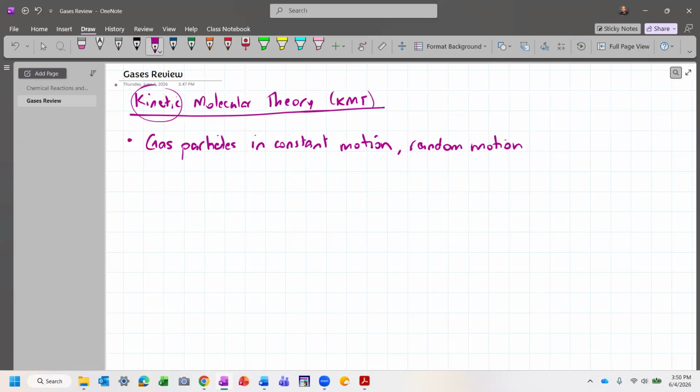And when they do that, these gas particles are going to exhibit specific types of behavior that we can use to predict some of the properties of our gases, right? So this is the basis for the kinetic molecular theory. Gas particles can be atoms, molecules, which are atoms that are combined together, or ions.